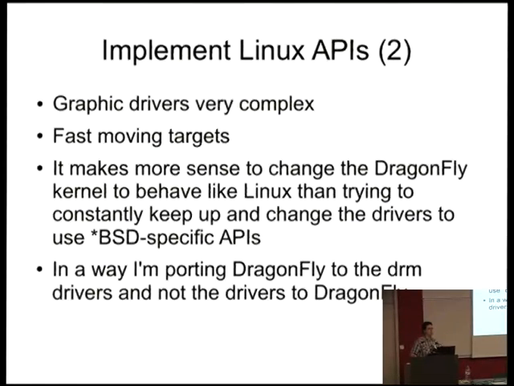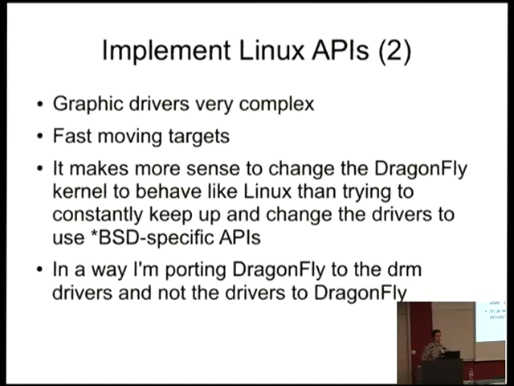And it makes more sense to just use the Linux APIs and to implement Linux APIs in the DragonFly kernel rather than try to change the graphic drivers every time to be more BSD-like. So in a way, I'm porting the DragonFly kernel to the DRM graphic drivers and not the drivers to DragonFly. But it's really a no-brainer given we don't have the manpower to do otherwise.